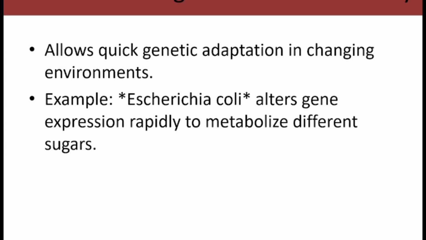An example is found in Escherichia coli, which immediately alters gene expression in order to rapidly metabolize different types of sugar. For example, the primary source of energy in E. coli should be glucose, but in the absence of glucose and other primary sugars, E. coli has the capability to utilize lactose, so we will not forget the lac operon.